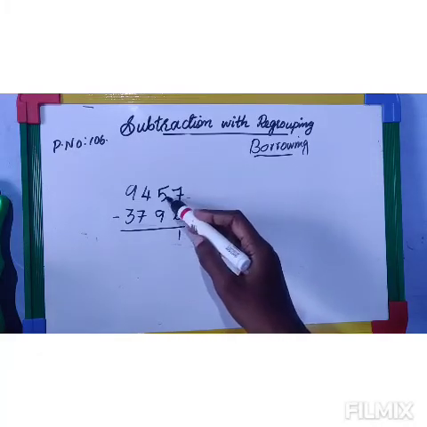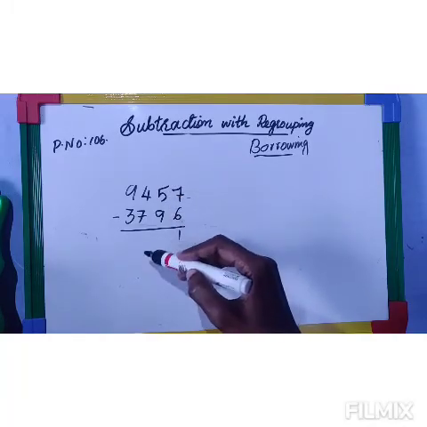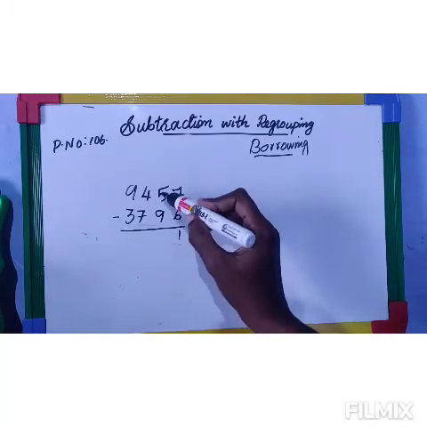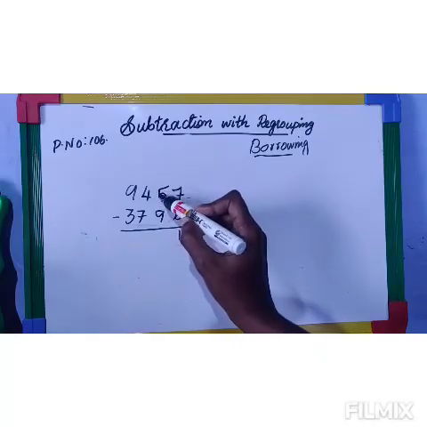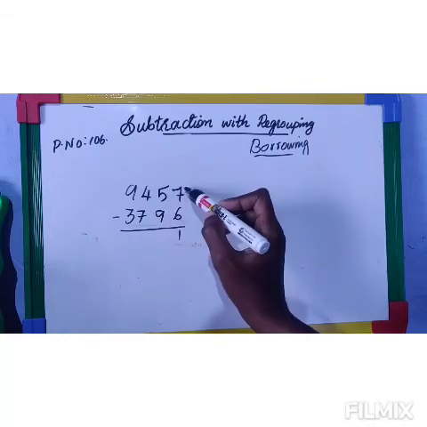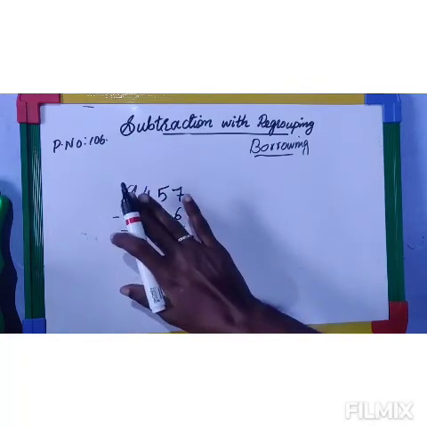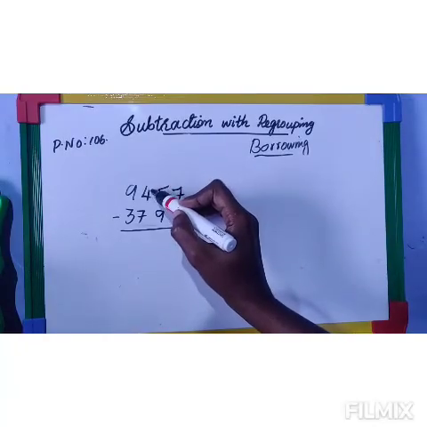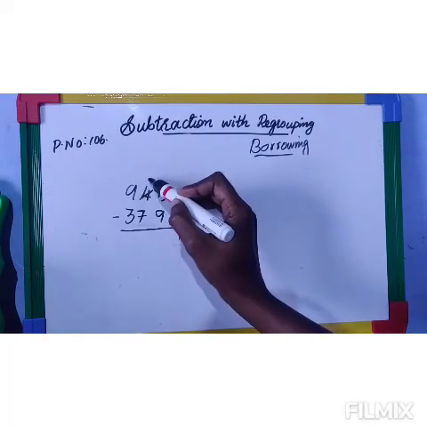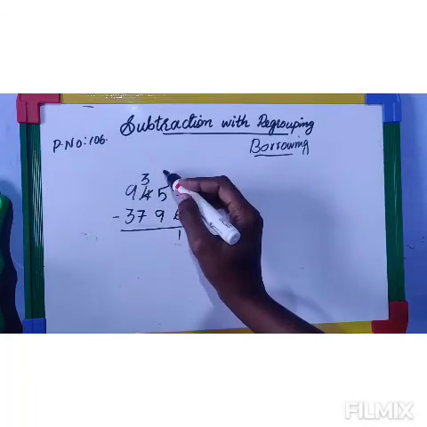Now if you see 5 minus 9, 5 is smaller and 9 is bigger, so you cannot subtract, so you have to borrow. This is the tens place, so you have to borrow from the hundreds place. You cannot borrow from the right side. You have to borrow always from the left side. Here there are 4 hundreds. From 4 hundreds, if you give 1, 3 hundreds will remain.